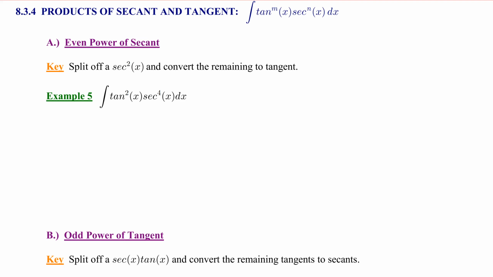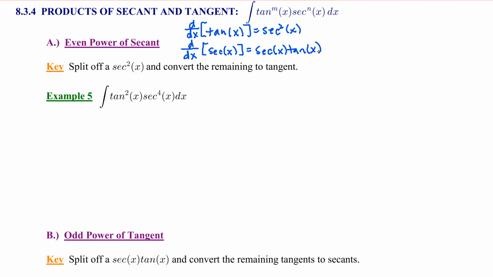A few formulas that will be vital to this particular section are, first of all, a couple of derivative formulas and then also a Pythagorean identity. So let me just remind you, the derivative with respect to x of tangent of x is secant squared of x, that's from Calculus 1, and the derivative with respect to x of secant of x is secant of x times tangent of x, also from Calculus 1.